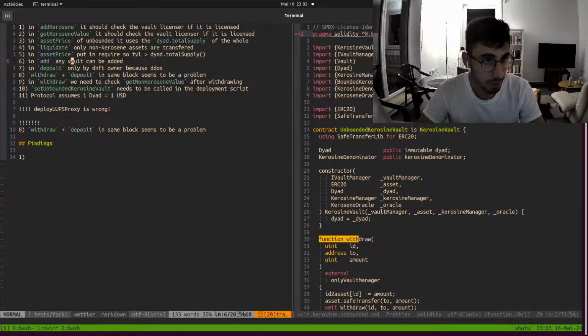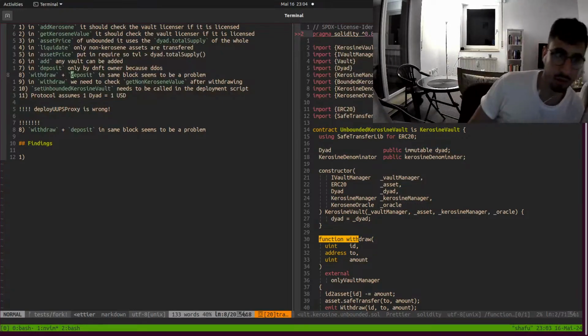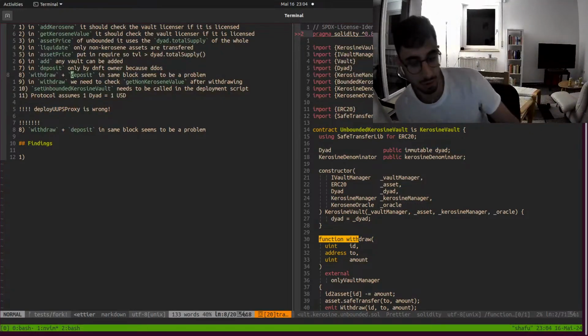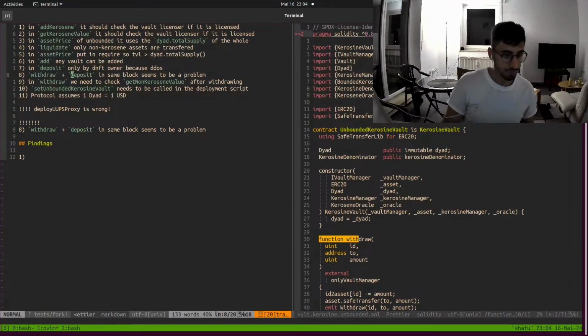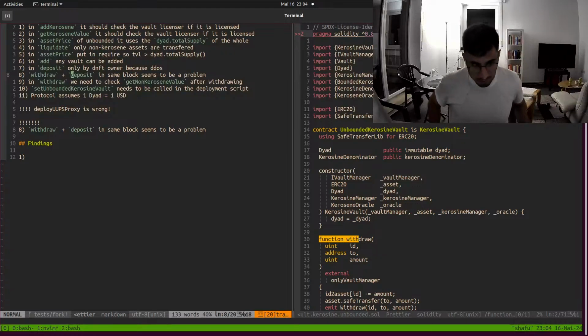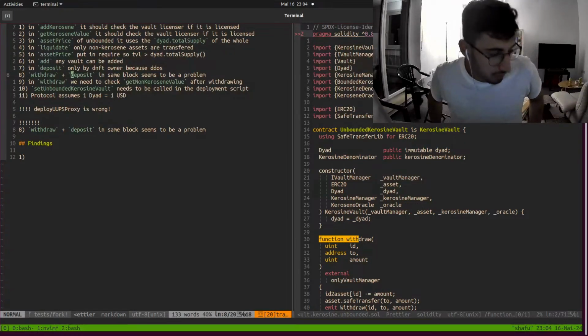Actually pretty dumb. And add anyone can be added. It's fixed and deposited only by the USD owner. Yeah, again, withdraw plus deposit in same block seems to be a problem. I don't know what's the issue. What could be the issue there?